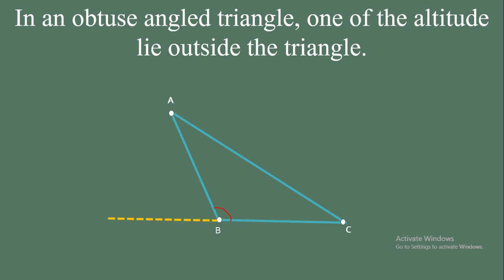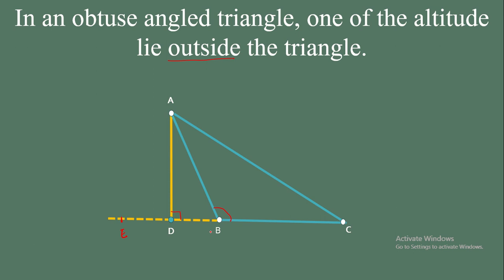That means we have to go outside the triangle, and only then can we draw a perpendicular from this vertex A. Suppose we extended our base CB up to point E. This is the extended part of our base, BE, and the perpendicular intersects this extended base BE at point D. Thus, in such a case where it is not possible to draw the altitude inside the triangle, our altitude lies outside the triangle.